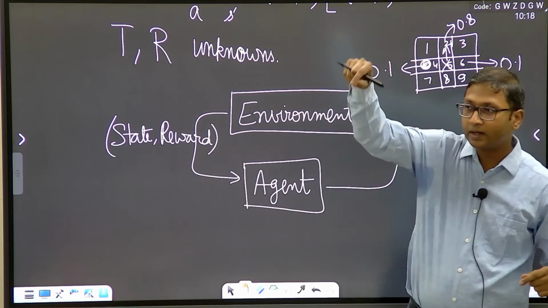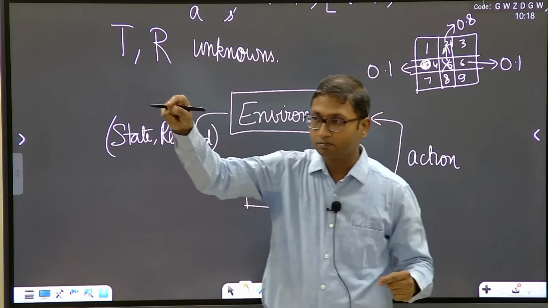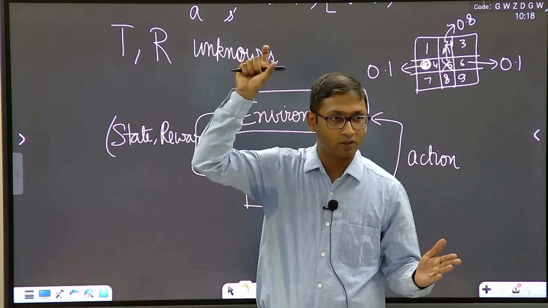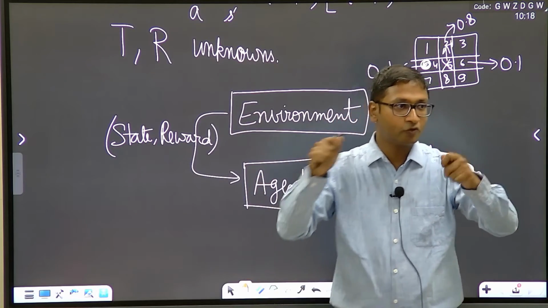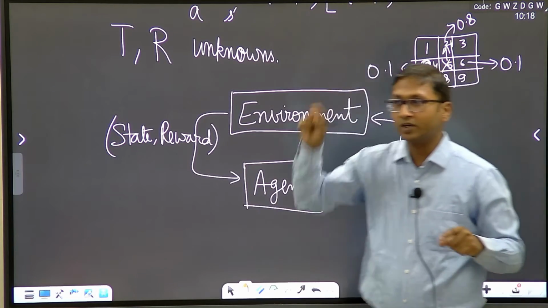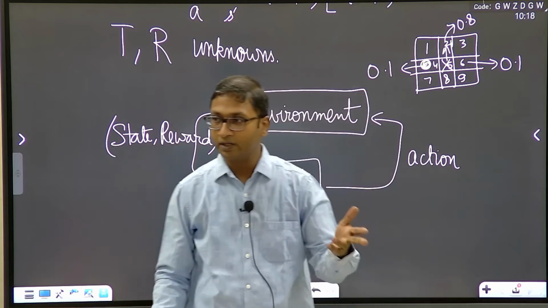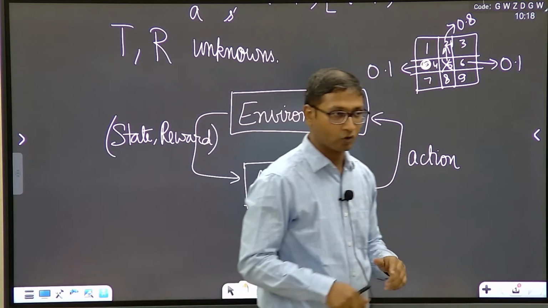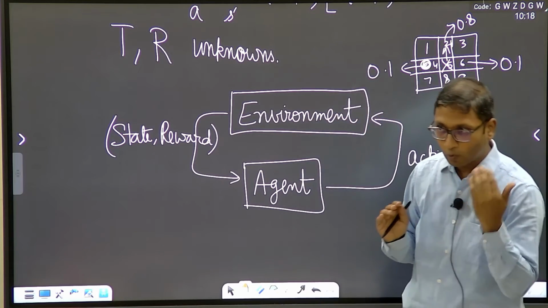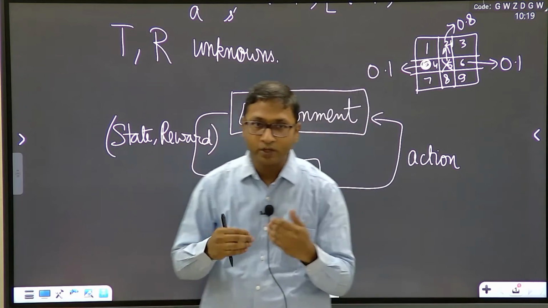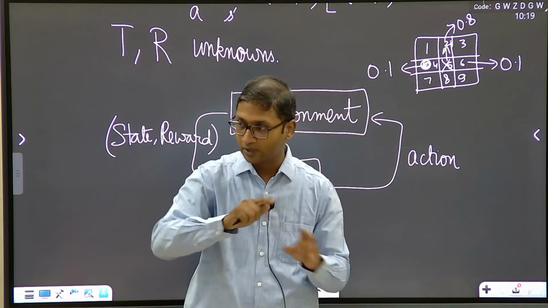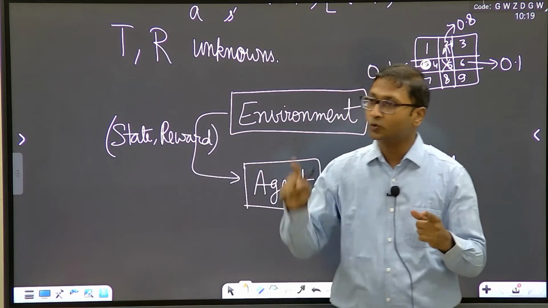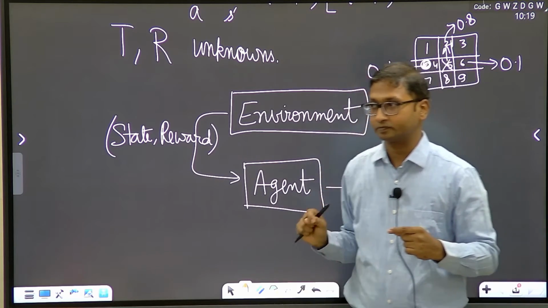Either you end up in a pit, basically game over, or you end up taking the reward. If you end up in the top right corner, we will give you a reward of +1. If you end up in the pit, we will give you -1. So those were the rewards. We were modeling it so that there are no immediate rewards when you move around. You can take infinite steps, but your goal is to reach +1.